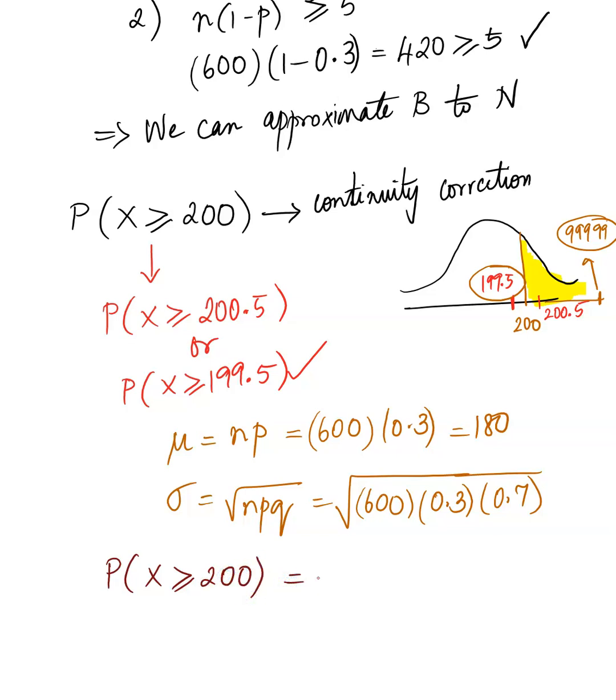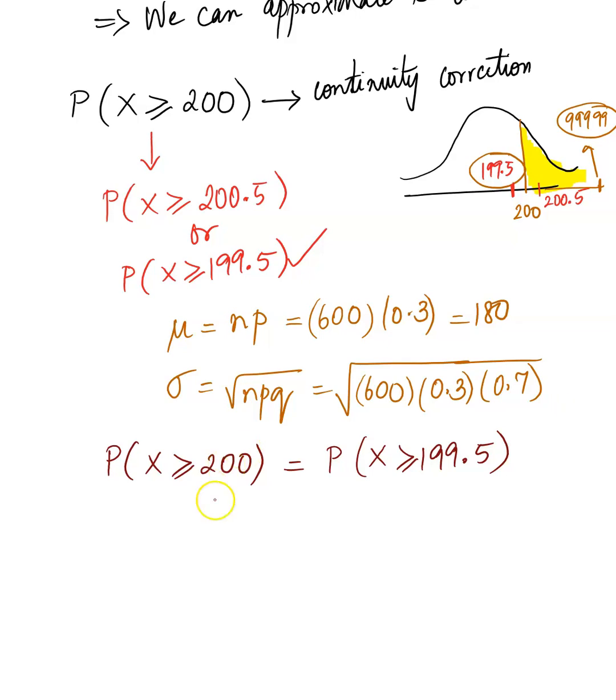Upon adjustment, in the binomial setup it was probability of x greater than or equal to 199.5, and what you did there was the normal CDF.